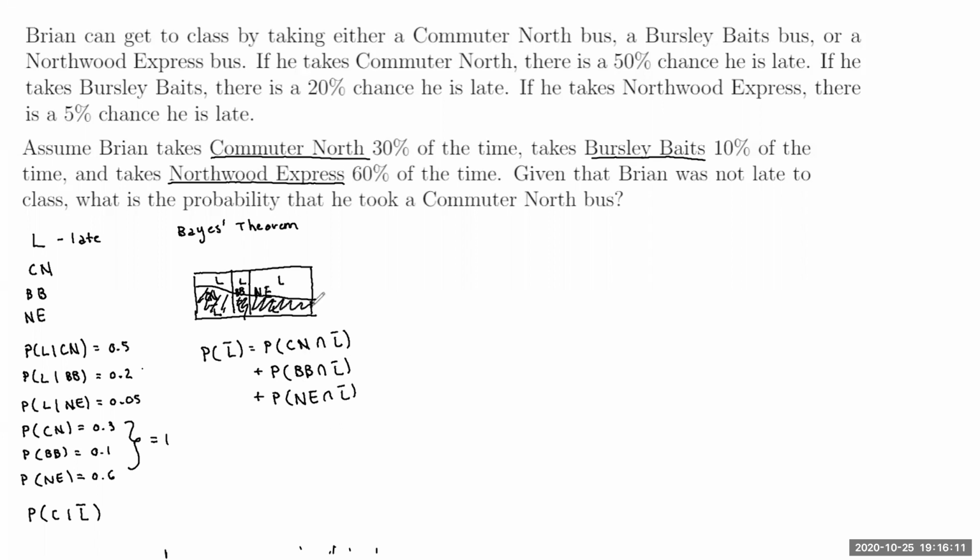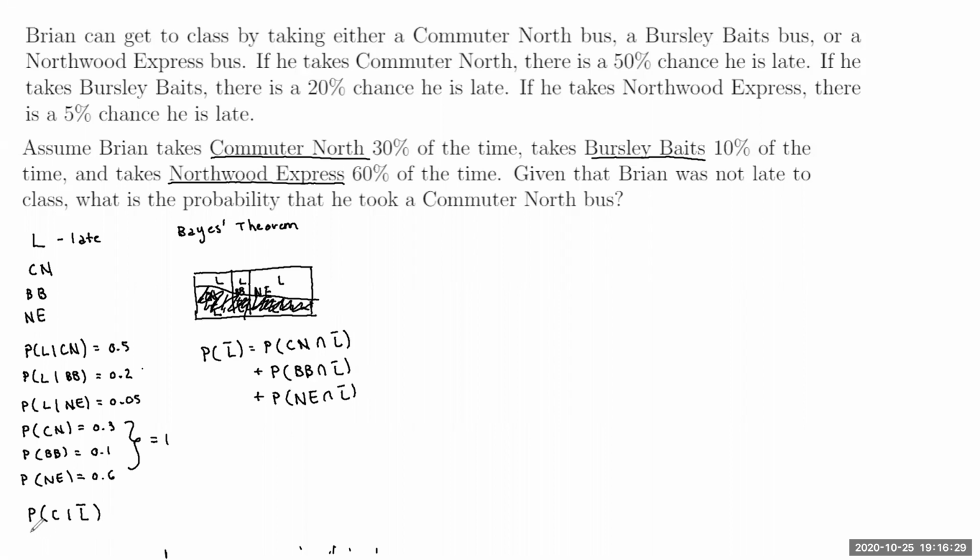So we can see clearly that this is using the law of total probability, and we can get this entire chunk of him being not late based off of the other pieces. This is how that relates to Bayes' theorem.